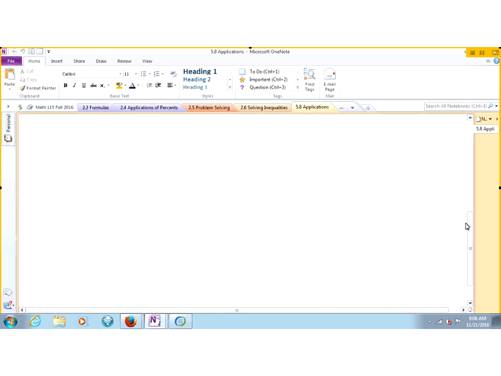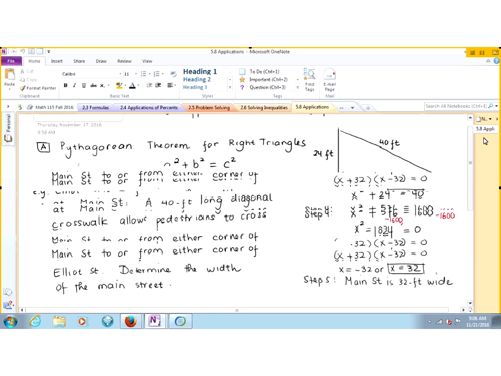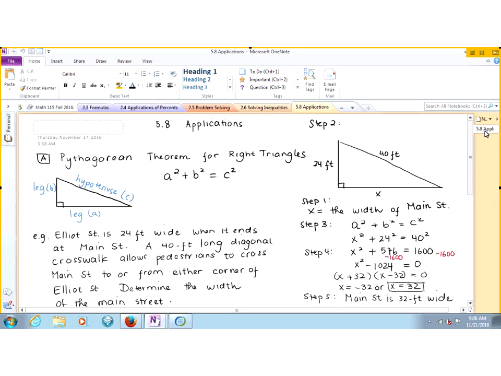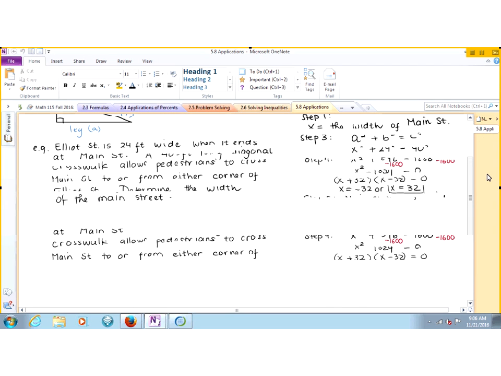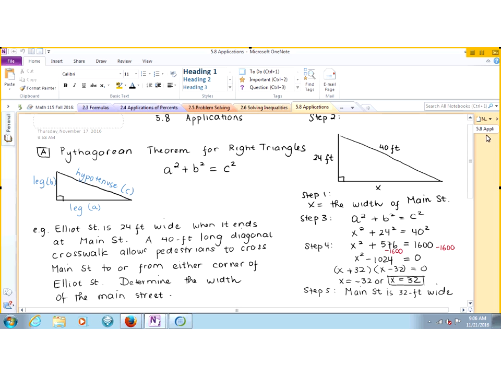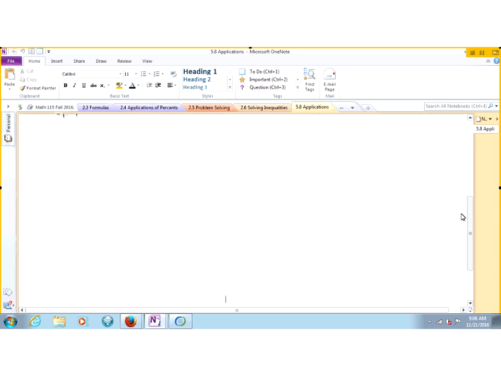Yes. So we were here yesterday. We had Pythagorean theorem. Thursday. Yes, last time. So homework up to 5.7 were due, right? Okay, good. Now the second one. So A was Pythagorean theorem for right triangles.